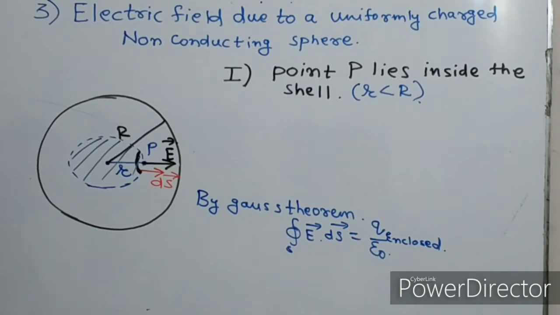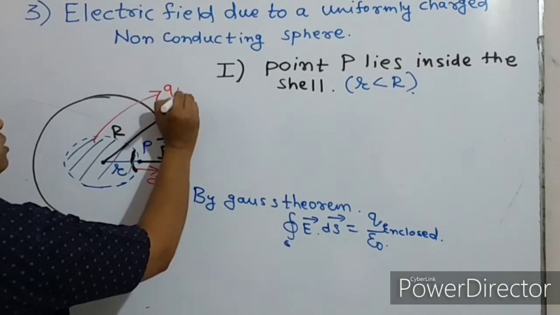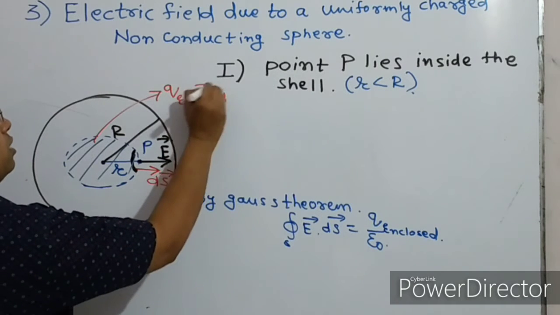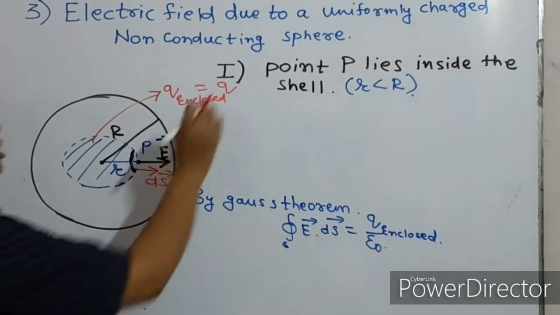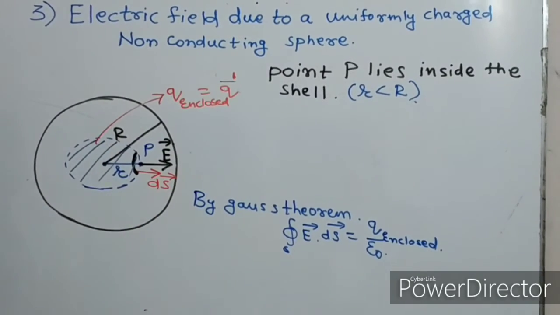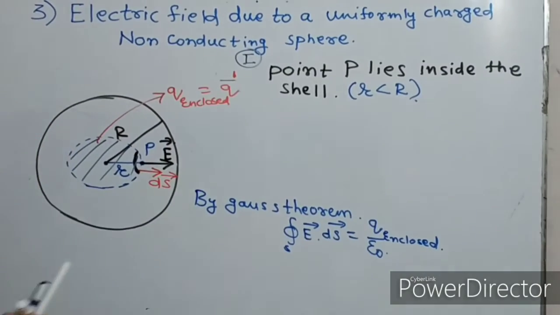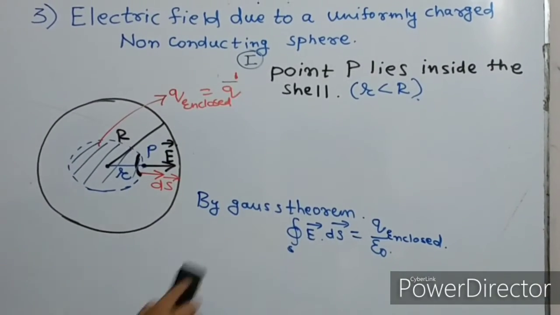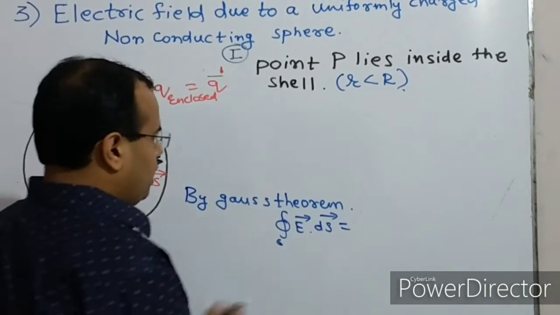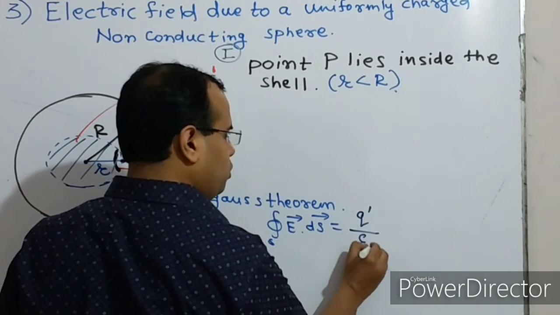Let this charge q enclosed be q dash. This is the first case. Now when we apply Gauss theorem, we can write q enclosed upon epsilon naught, and in the next case q dash upon epsilon naught.